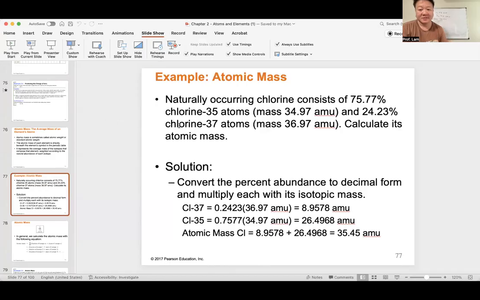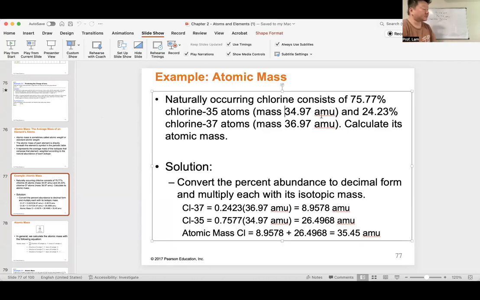Go back and look at the abundance again. Sorry, most of the chlorine is actually the lighter one. So 35.97 is not a good way to do it, because you're not taking into account that the lighter chlorine 35 is present in more amount. That's why you have to do a weighted average instead of just a straight up average.